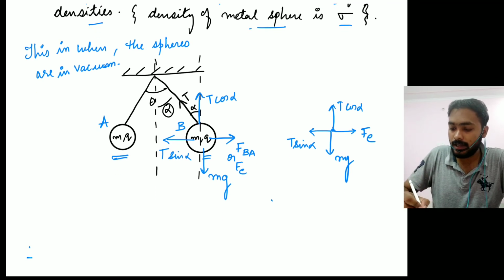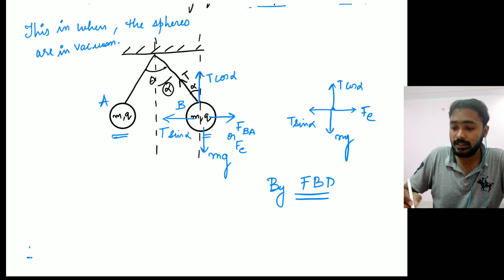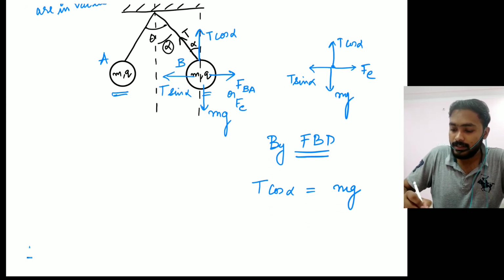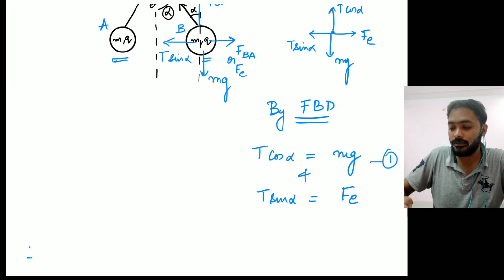So obviously by the free body diagram, FBD, we can very clearly see that T cos alpha will be equal to mg, and T sin alpha will be equal to electrostatic force Fe. This is my equation number 1, equation number 2.